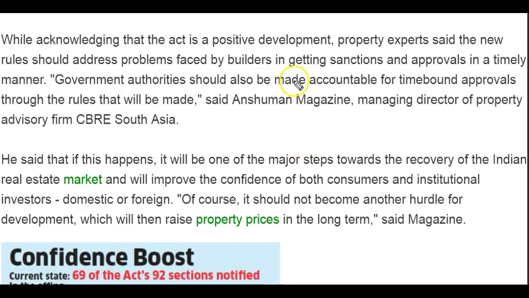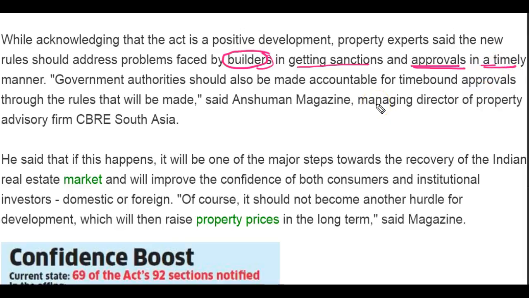We should note one point here, that it should not only protect the interest of home buyers but should also protect the builders. The mechanism should be made transparent in getting sanctions and approvals from government officials for constructing a project.